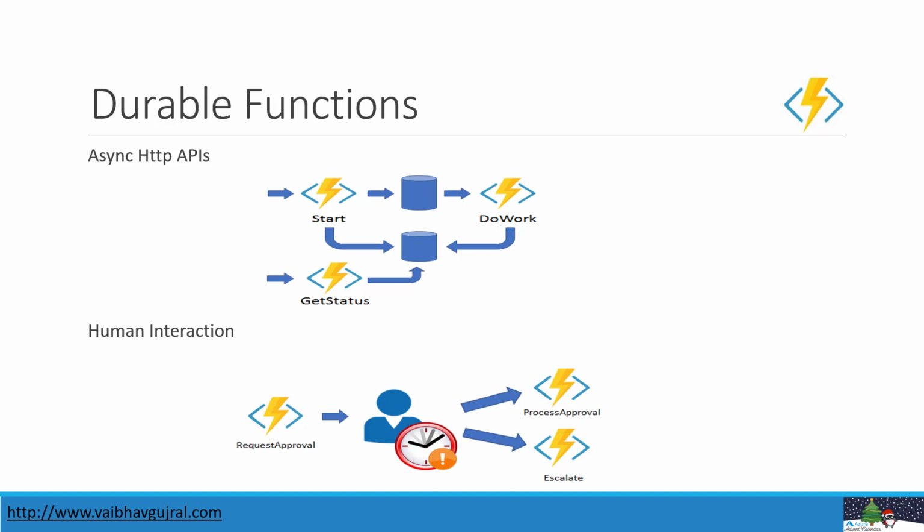Many processes involve some kind of human interaction. The tricky thing about involving humans in an automated process is that people are not always as highly available and responsive as cloud services. Automated processes must allow for this, and they often do so by using timeouts. By using the human interaction pattern for durable functions, we can handle that problem.